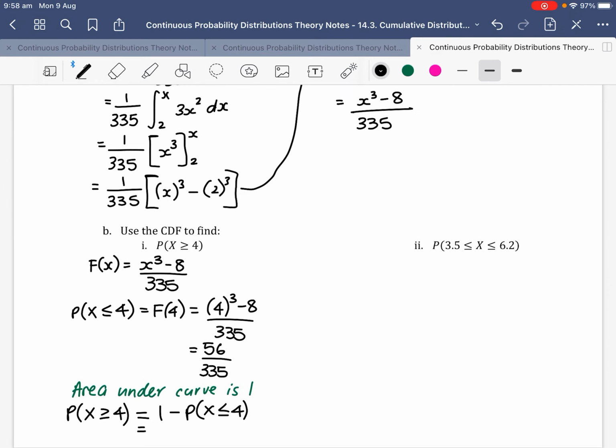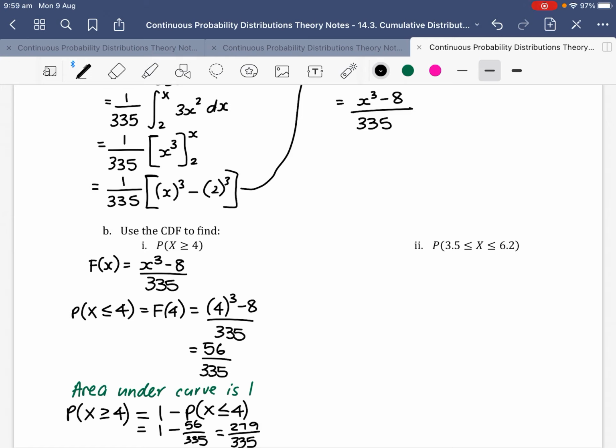So what this equals is 1 minus 56 over 335, which equals 279 over 335, and that is our answer.